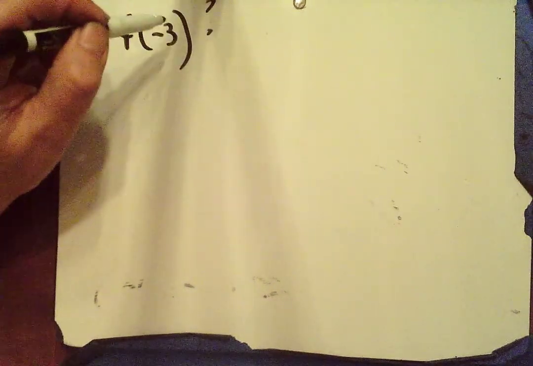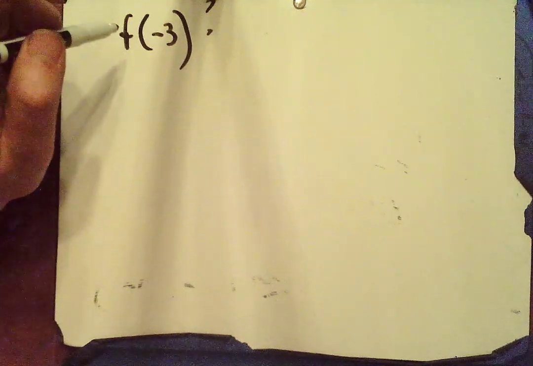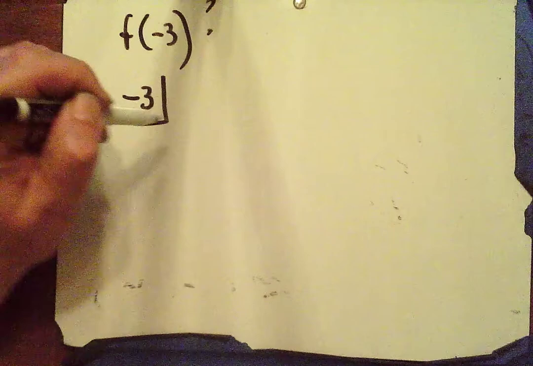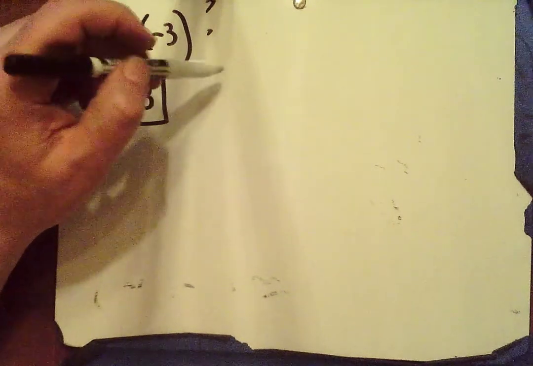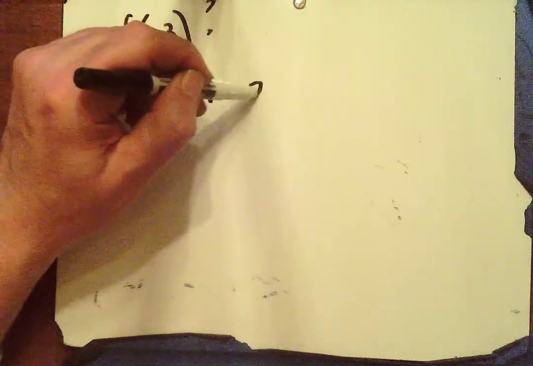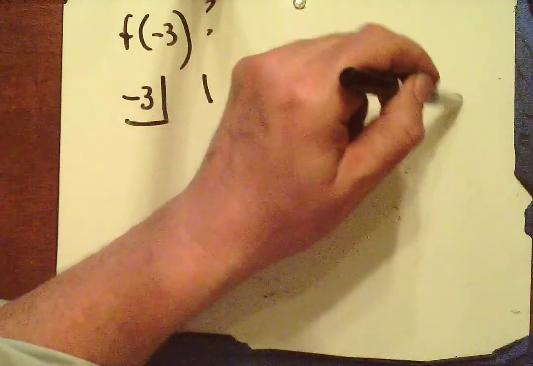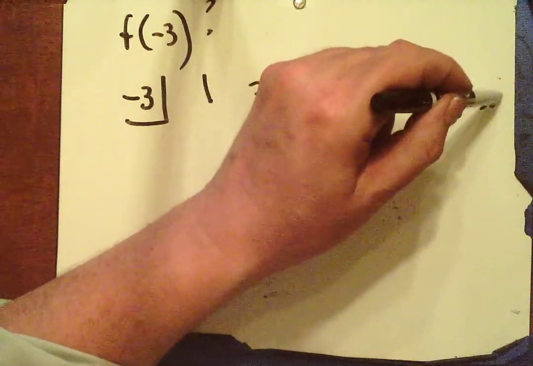14. Use synthetic division to determine f of negative 3. Well, this is our opportunity to use synthetic substitution. Negative 3, we have 1, 3, 0, 5, negative 9, 0, negative 24.